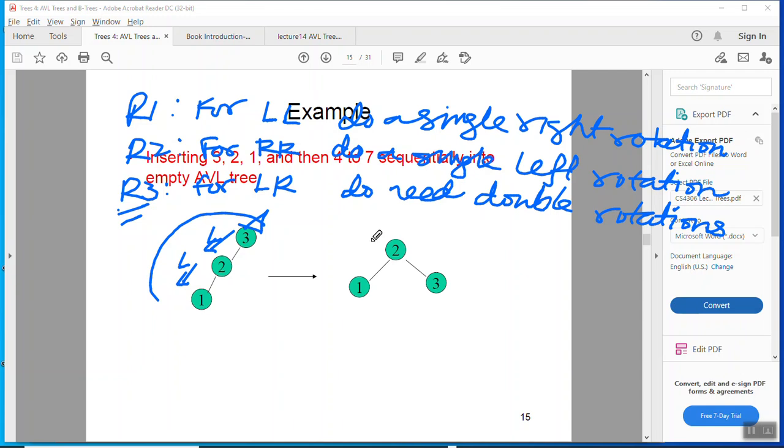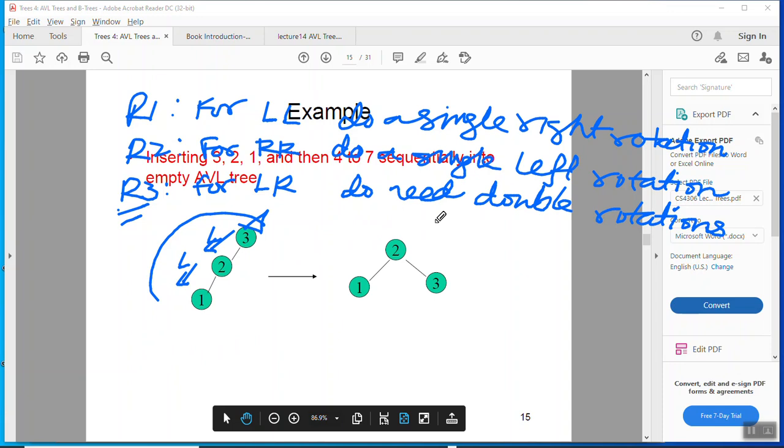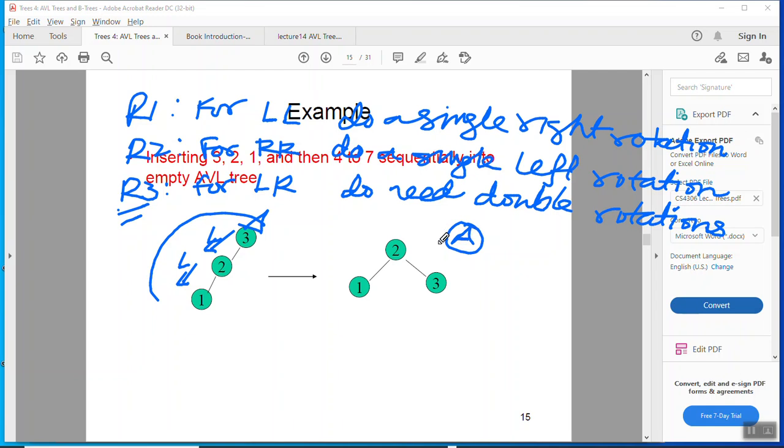If we have a node A, and then we want to insert another node B, whose value is less than A, so on the left side goes B. And then we want to insert another value, for instance C, that goes on the right side.